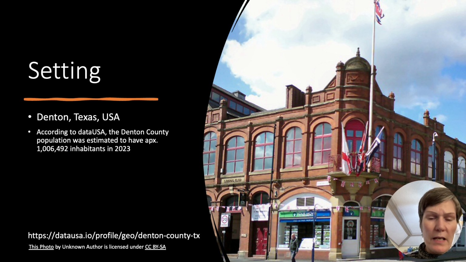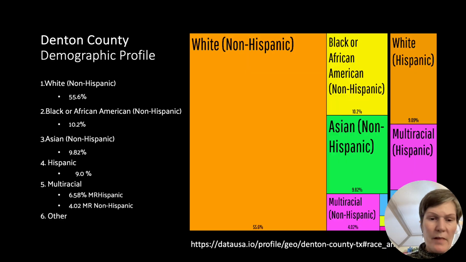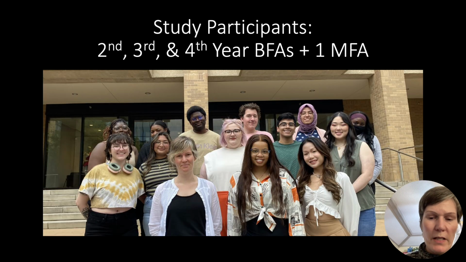The setting was in downtown Denton, Texas, which is a small North Texan community based on a heritage site. Denton is a very diverse demographic, as you can see here with some of the data captured from government files on a blend of Hispanic, African American, Asian, multiracial, very diverse community, which is also reflected in the students who participated in this project.